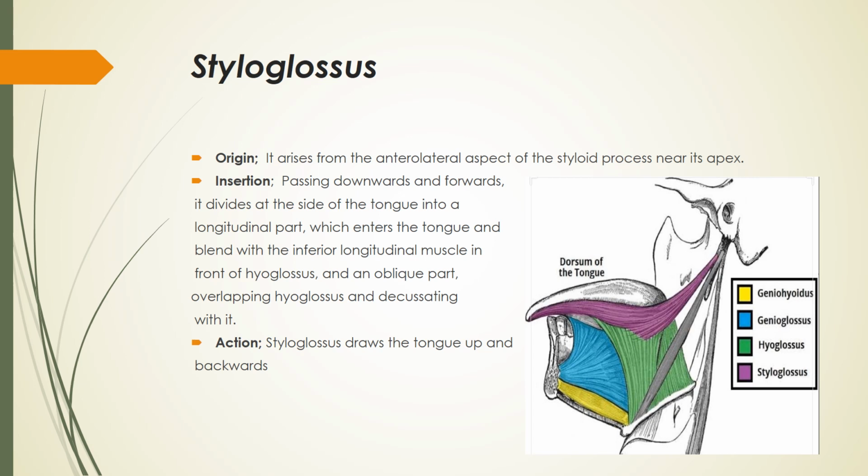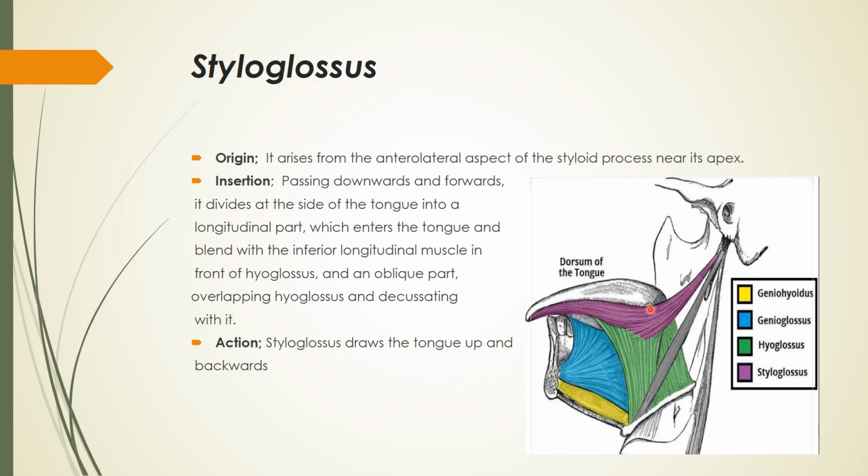The next is styloglossus, as the name indicates, related to the styloid process and tongue. It arises from the anterolateral aspect of the styloid process near its apex. It passes downwards and forwards.